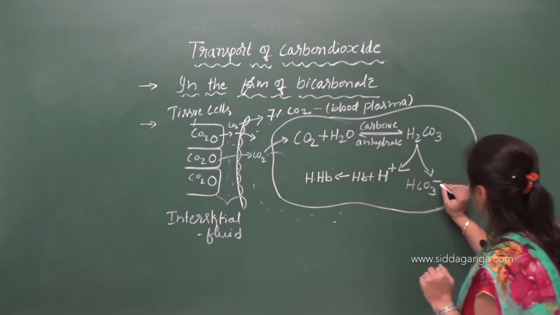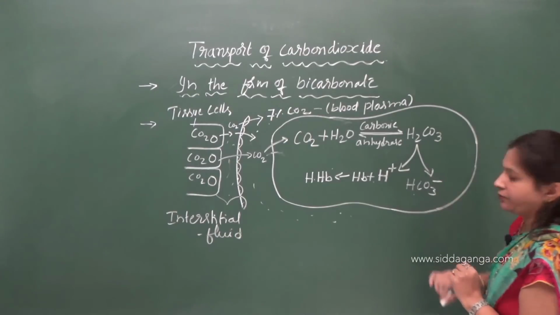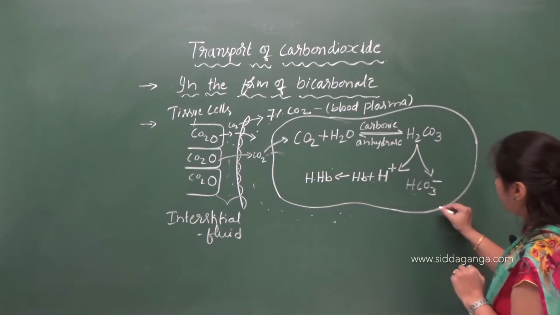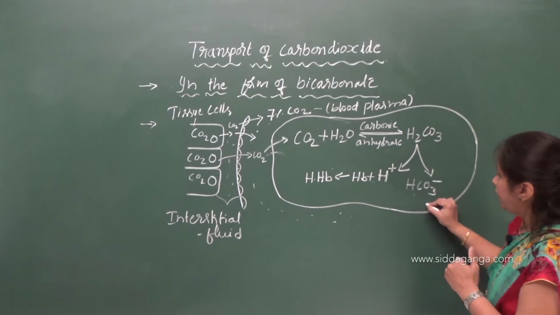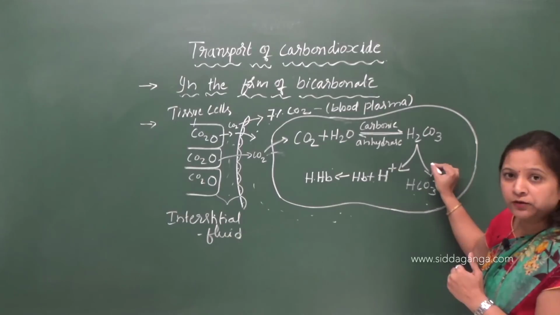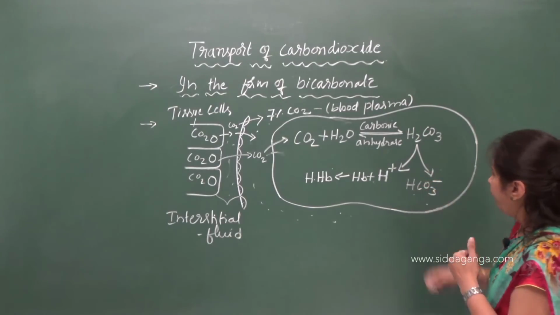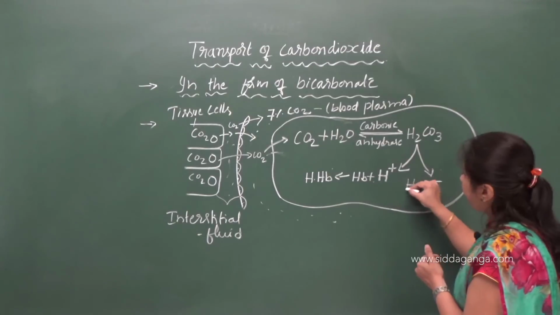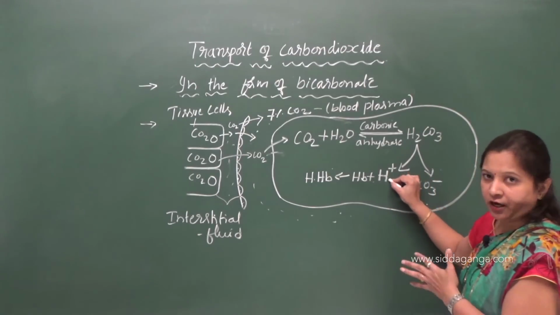And the bicarbonate ions formed are negatively charged. The membrane of the RBC is permeable to negatively charged ions, whereas it is impermeable to positively charged ions.